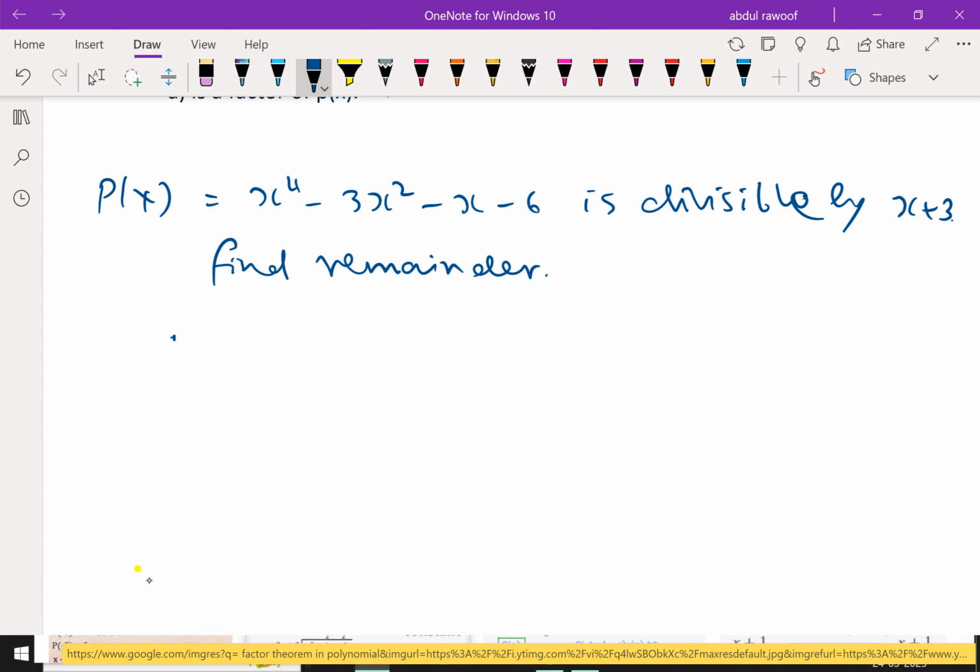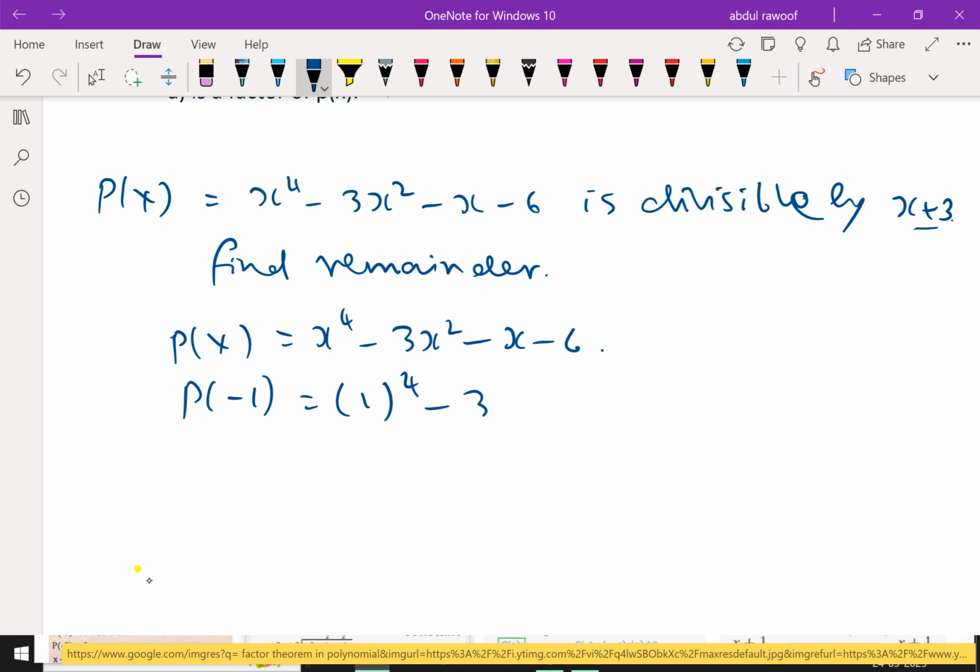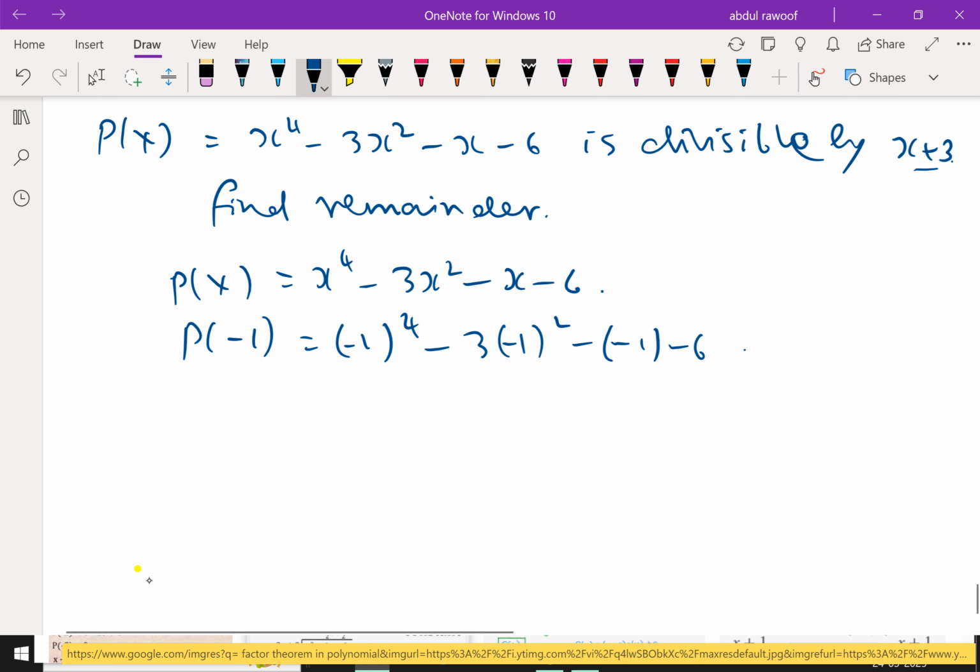First, p of x equals x to the power 4 minus 3x squared minus x minus 6. Here x plus 3 is the divisor, so we have to put x as minus 1 in p. Minus 1 to an even power is positive 1.